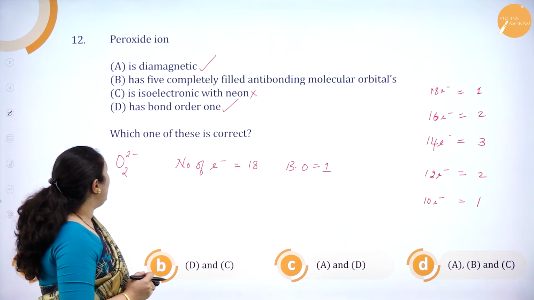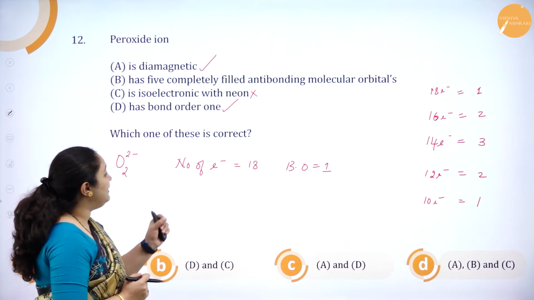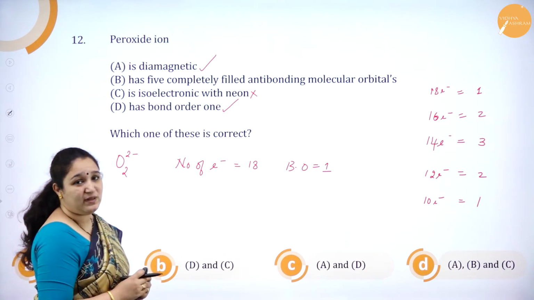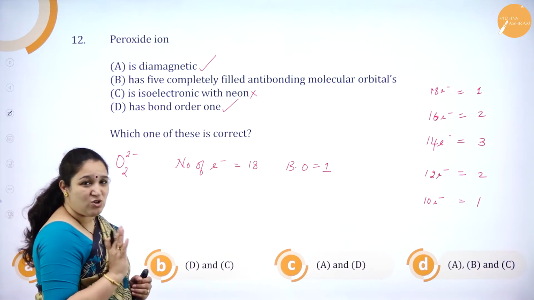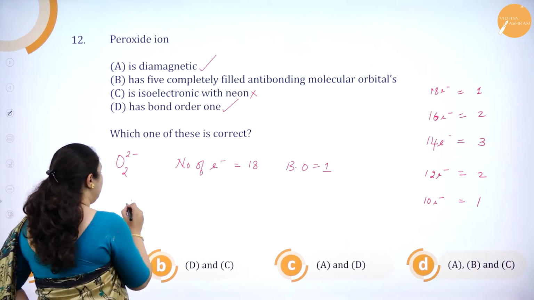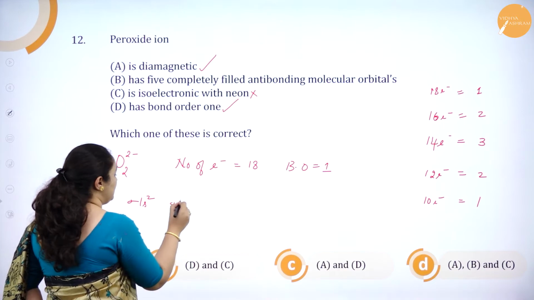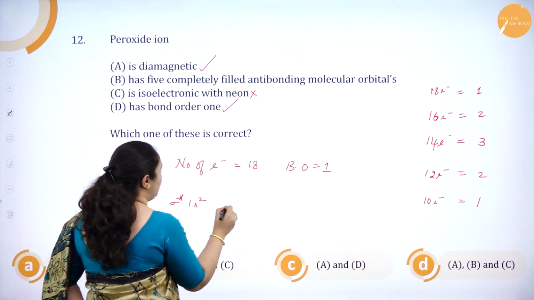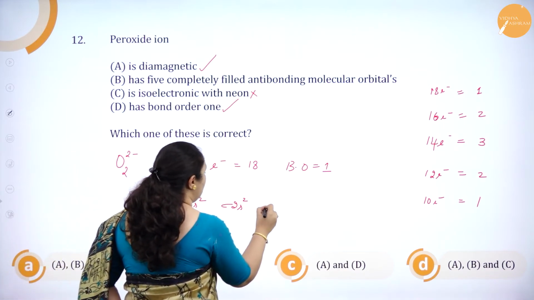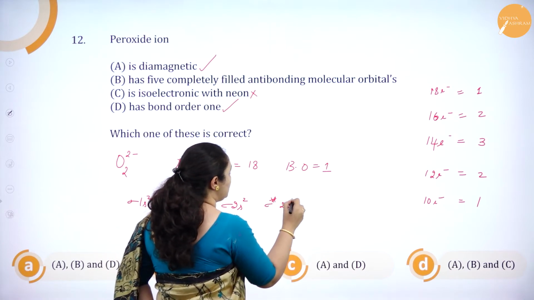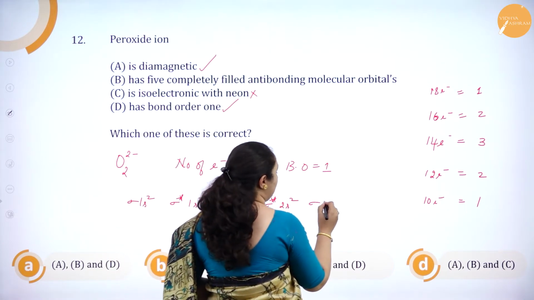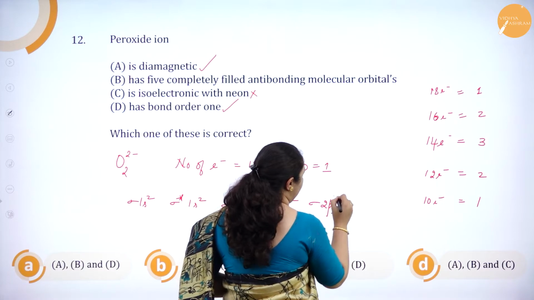Now, what about option B? Has 5 completely filled antibonding molecular orbitals. How is it 5? It is not 5. See, you have sigma 1s2, sigma star 1s2, sigma 2s2, sigma star 2s2. After this, you have sigma 2pz2.